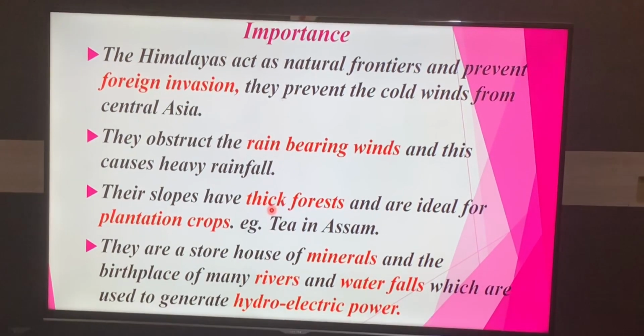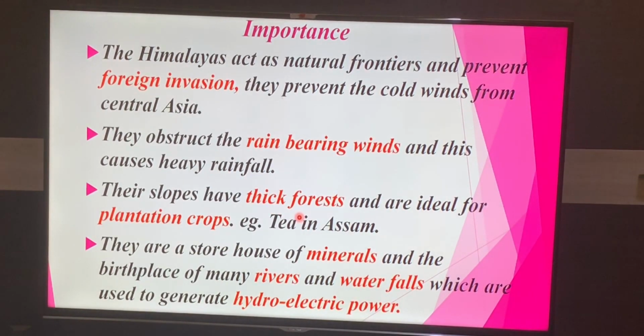Their slope have thick forest which are ideal for plantation crop, mainly to grow tea. Storehouse of minerals and the birthplace of many rivers and waterfalls which are used to generate hydroelectricity. These are the importance of Himalaya.